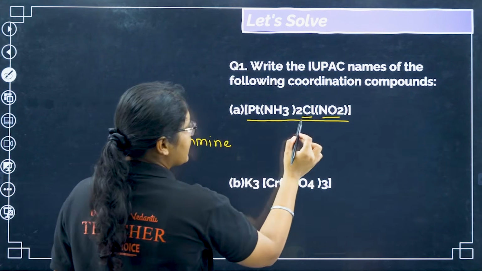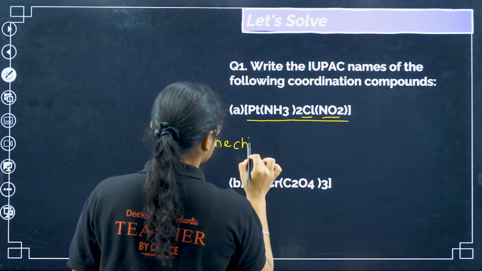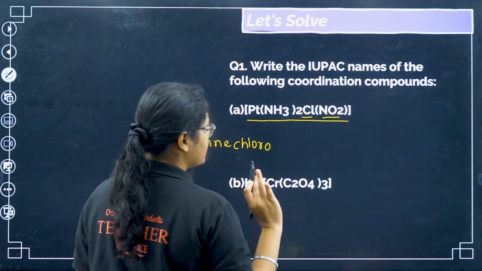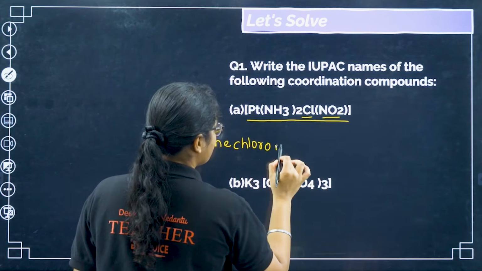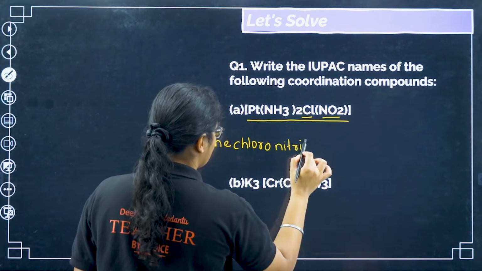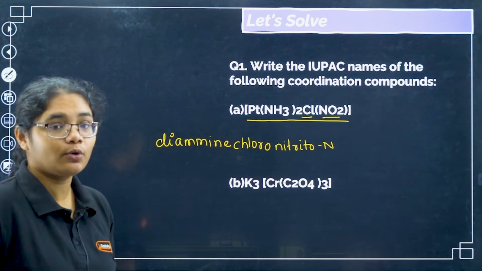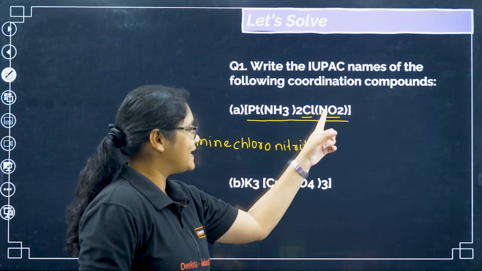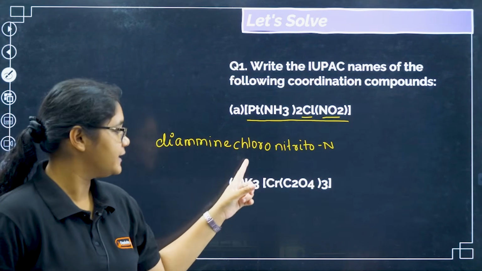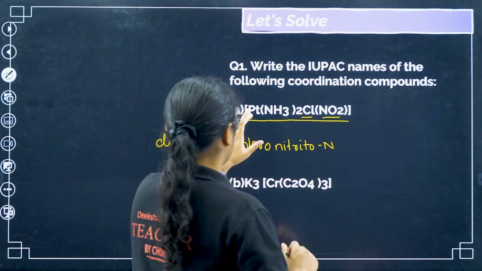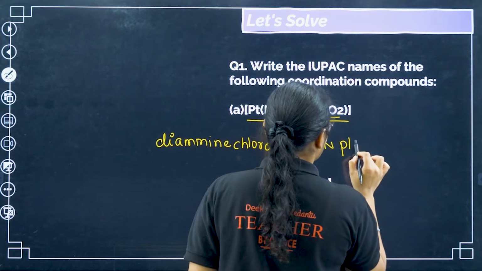Next I have chlorido, or you can write chloro also: diamminechloro, nitrito-N. If it is written ONO, then it is nitrito-O. If it is NO2, meaning N is forming the bond, it is an ambidentate ligand, so nitrito-N. After that I will write the name of the metal, that is platinum.